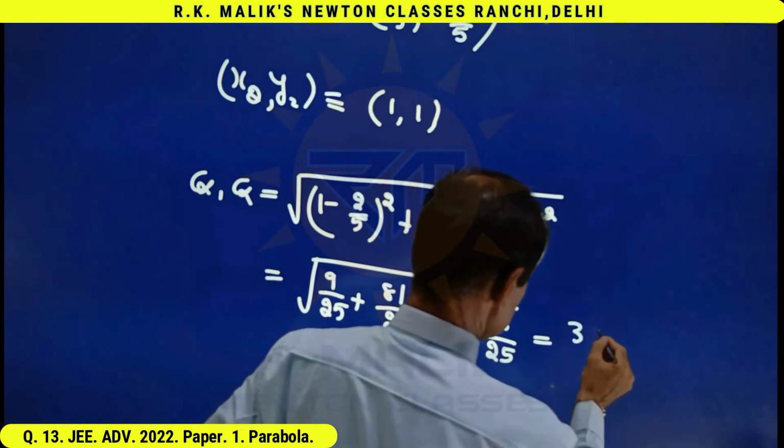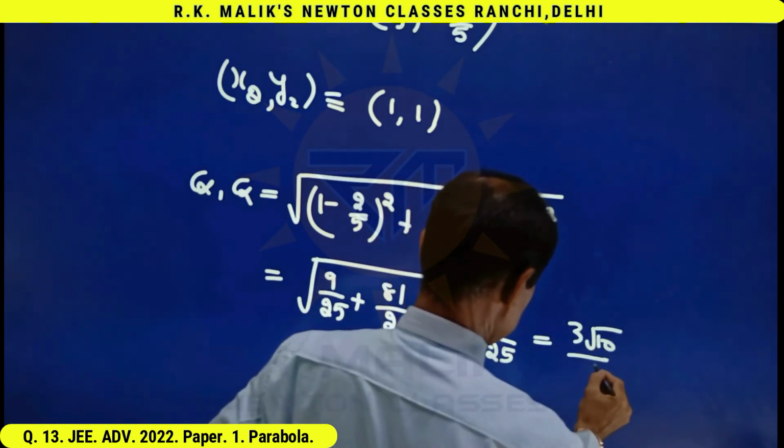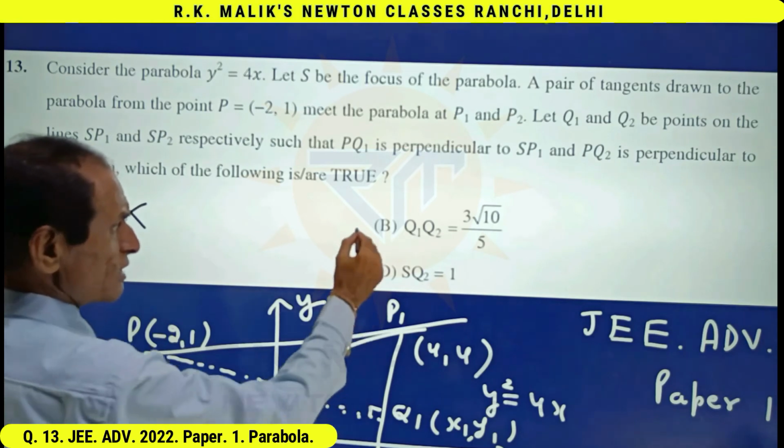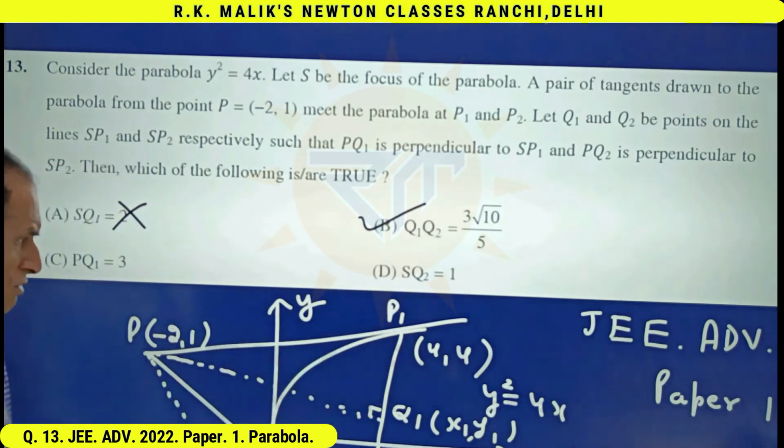This is equal to 3 root 10 by 5. Hence I can say B is the correct choice.